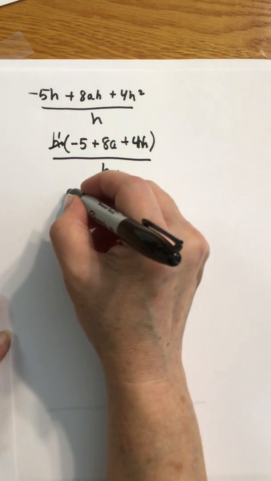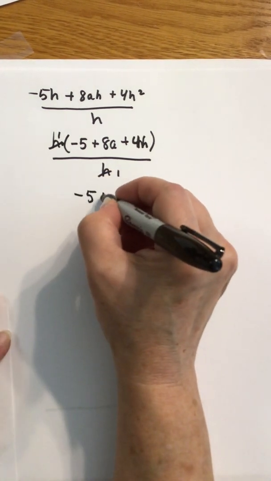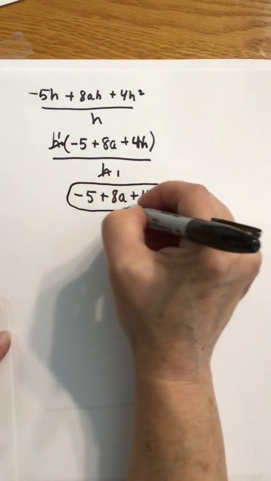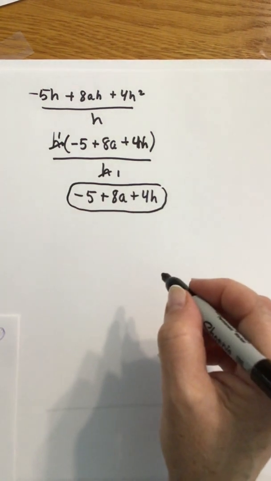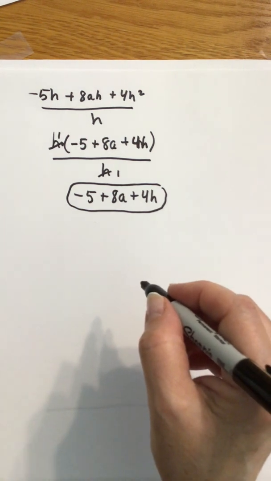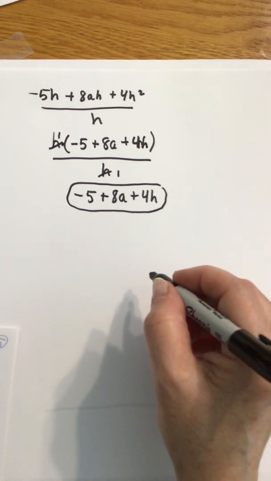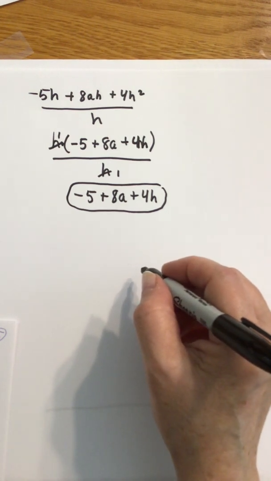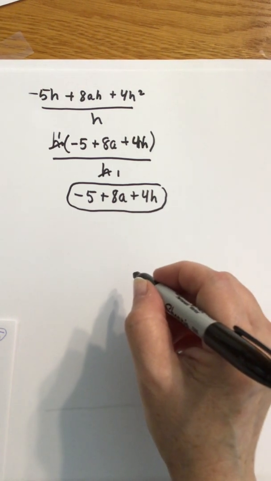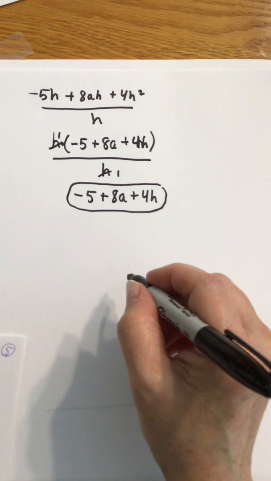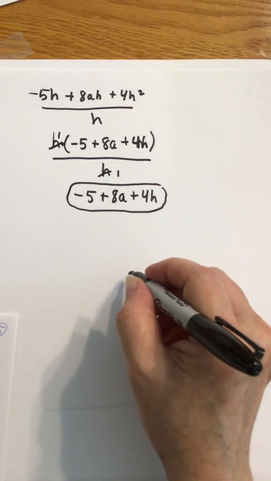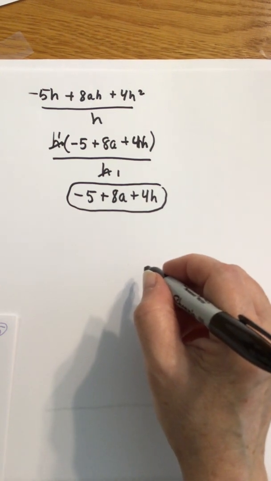And my final answer then is negative 5 plus 8A plus 4H. I know, like I said, that seems kind of long and drawn out, but you're following the steps as you go through. So everybody got this part first?